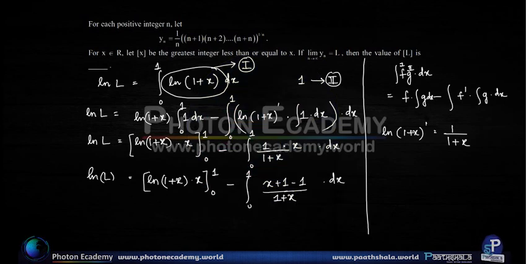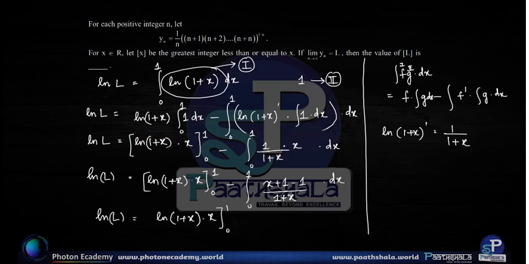So ln L is equal to ln(1 plus x) into x with limits 0 to 1, minus the integration from 0 to 1 of (1 minus 1 by (1 plus x)) dx.